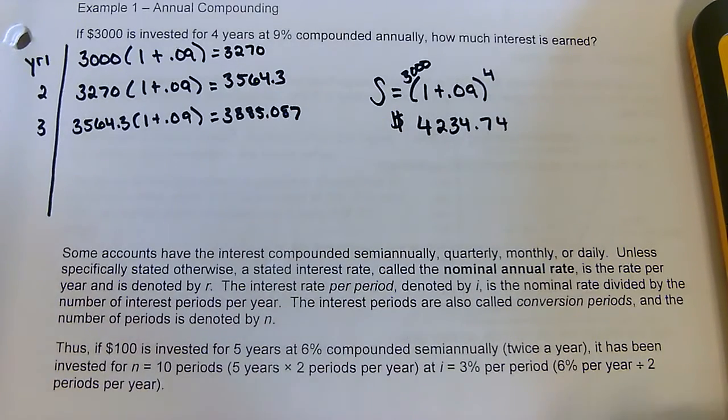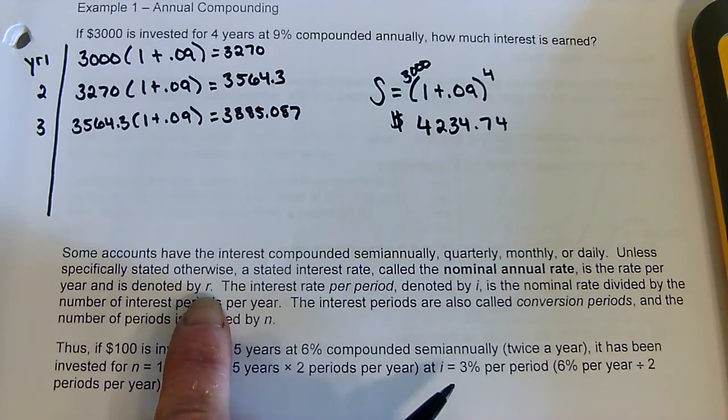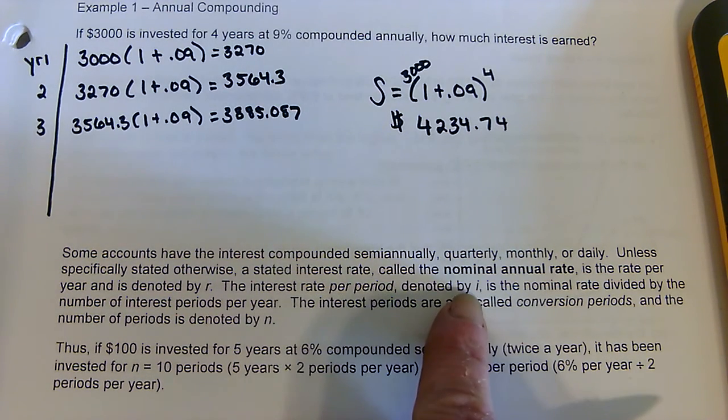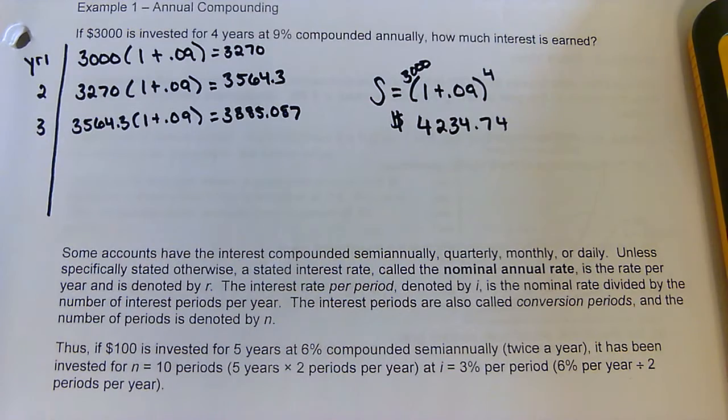Now, some accounts can compound annually, semi-annually, quarterly, monthly, or daily. And your stated interest rate is your annual interest rate. For these purposes, we're going to continue to call the annual interest rate R, but our interest rate per period is going to be I, because they take that yearly interest rate and divide it up.